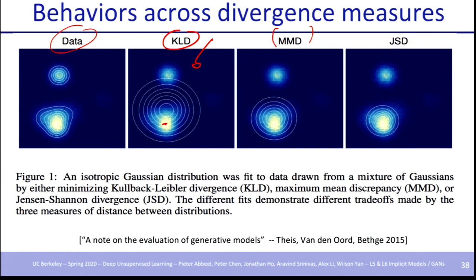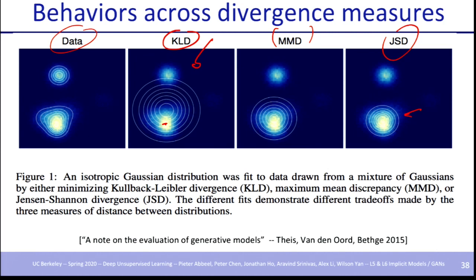This one we'll skip for now. It'll come back next week. Then the Jensen-Shannon divergence, we see, sits over here. It decides to assign pretty much all its probability mass on the biggest mode. And that happens to be the optimal thing to do here.